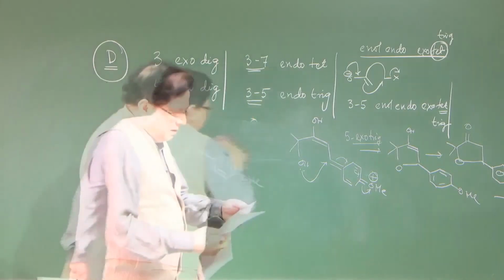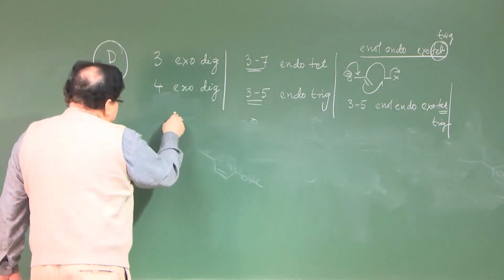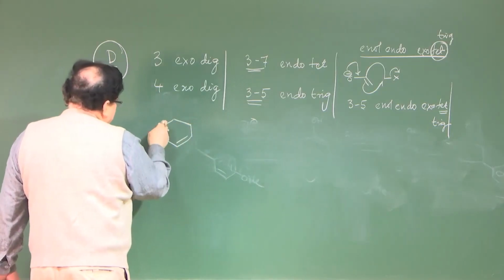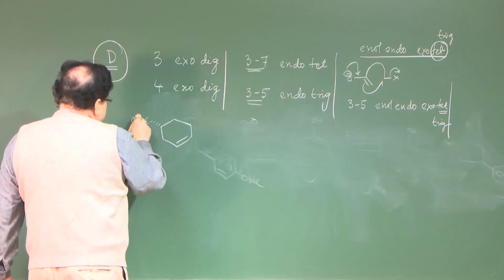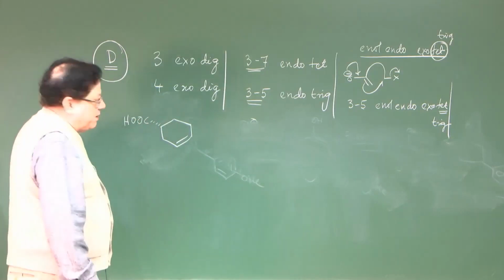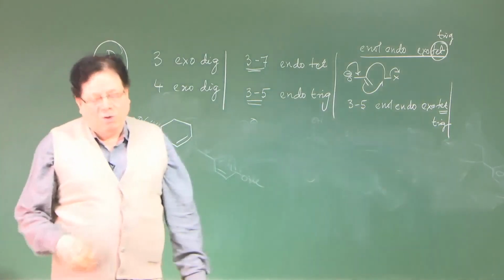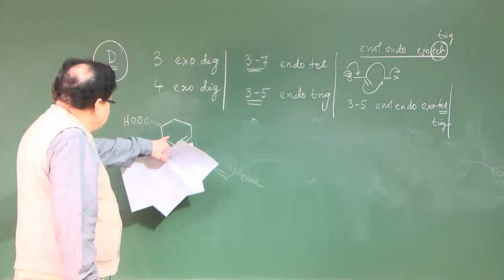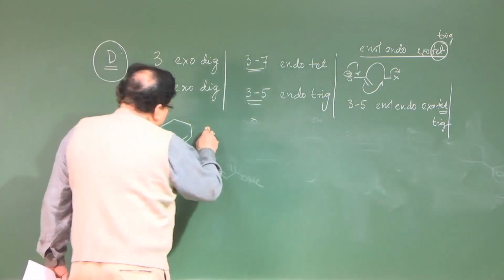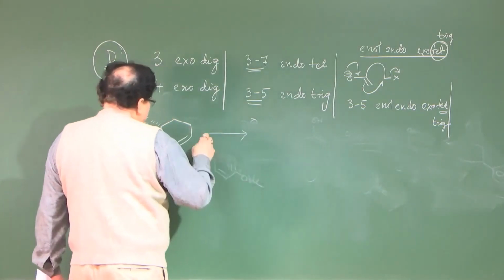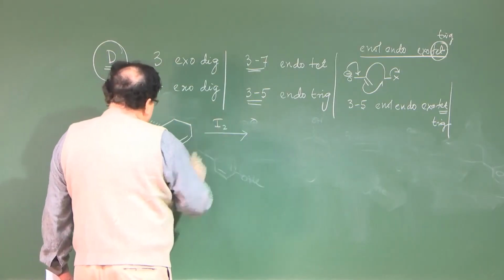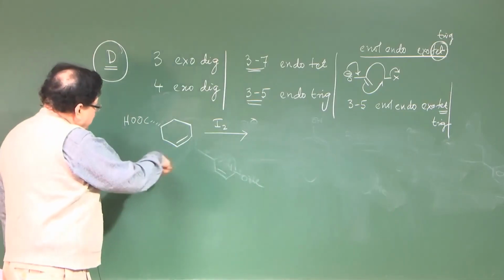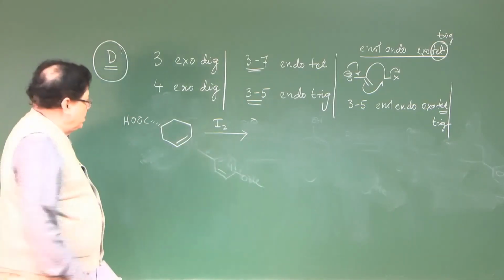Then suppose there is a system like this, that you have an unsaturated carboxylic acid, but it is not a conjugated carboxylic acid, the double bond is somewhere else. Now, this is a very common reaction: if you add iodine here, it forms a lactone. That means the carboxy adds to the double bond.